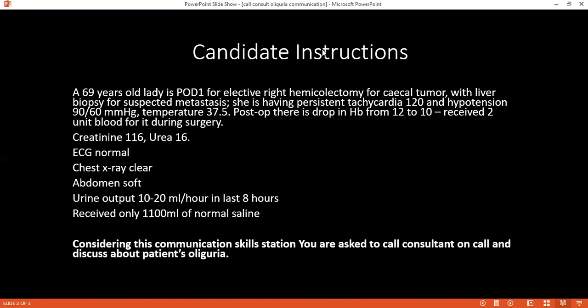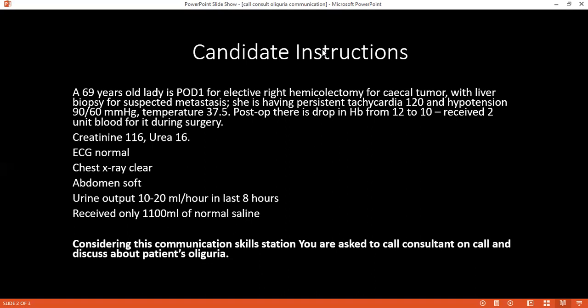Do you mean she's bleeding or might be bleeding? Well, she might be bleeding. From her records, she had bled in theater and had received about 2 units of blood. But I would still need to reassess the abdomen to see if it's enlarging or showing any sign, and also assess her vital signs for anything suggestive of ongoing bleeding.